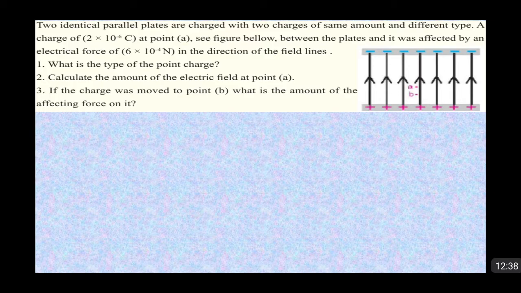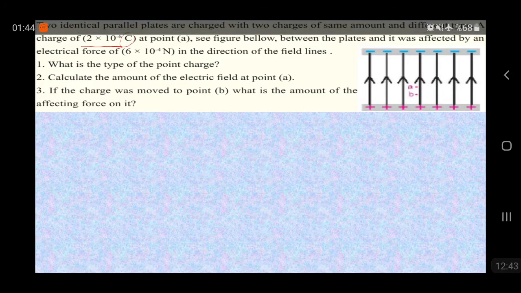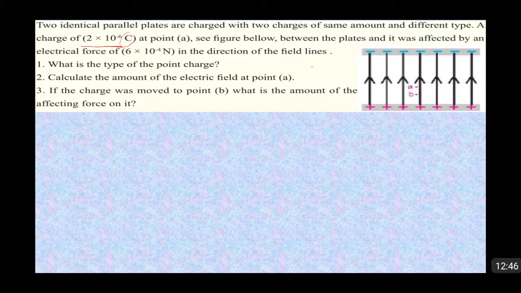Now, it is given the charge Q and the electrical force, and they are asking for the electrical field. Our equation is E equals force over Q. First one: the force is in the direction of the electrical field, so the point charge is positive.